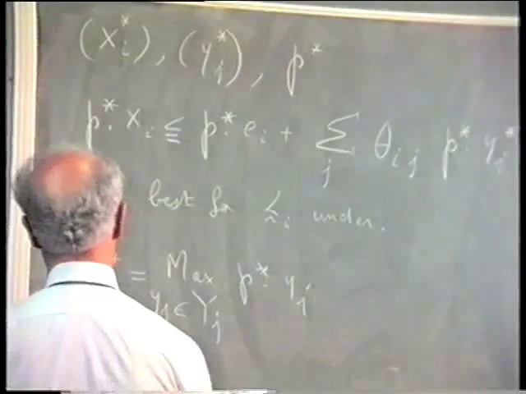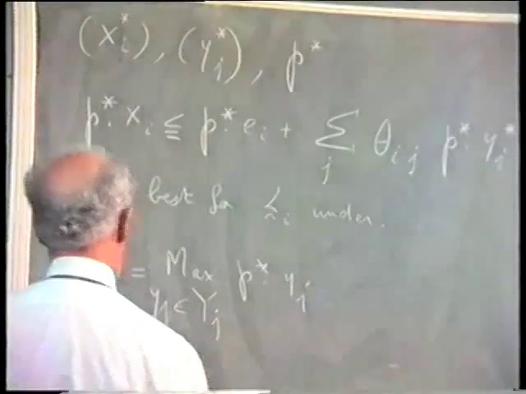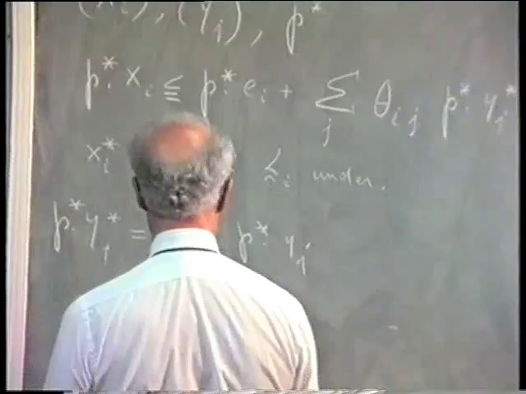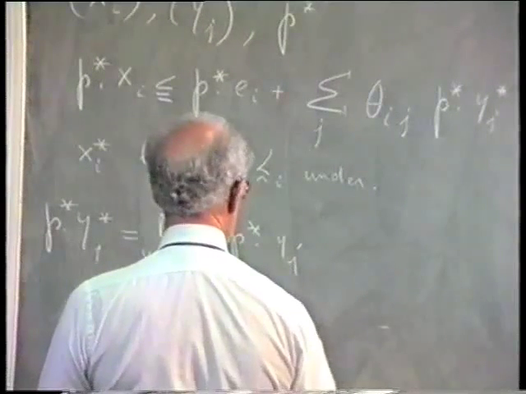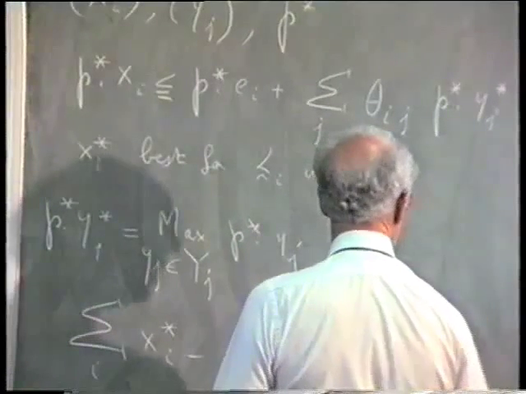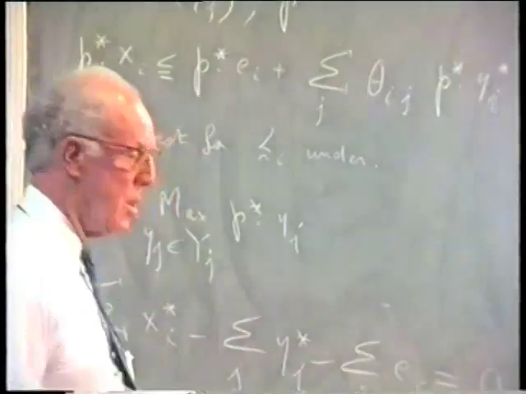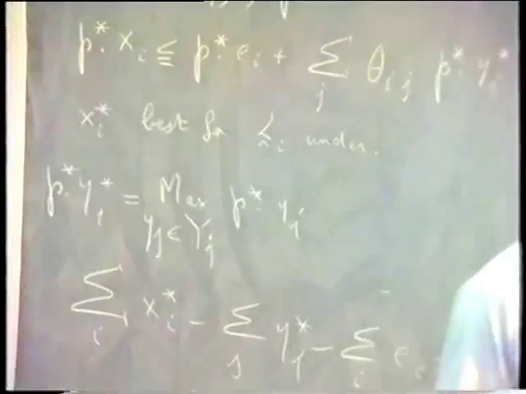And finally, you must have equality of demand and supply, which can be written as this, equals 0. So there you have the economy and the condition for equilibrium.